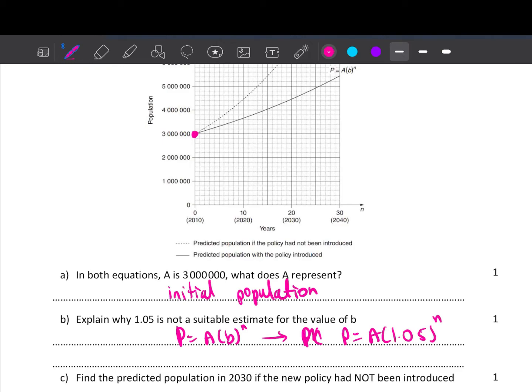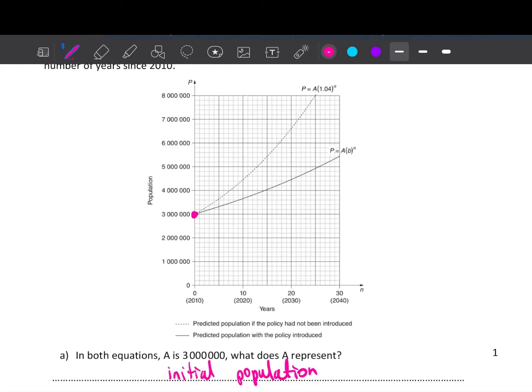And the reason why this does not satisfy is because I can see that for that second equation, it's flatter than the one before. And this one here is 1.04. So if B was 1.05, it should actually be steeper, not flatter. And so that's all you need to explain there.